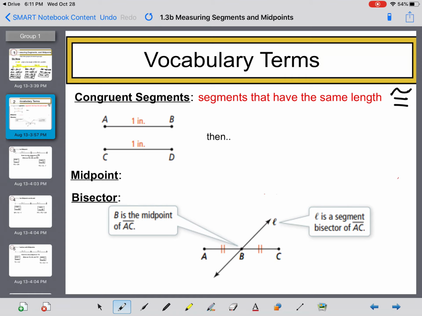Okay. So in the picture below, congruent segments, you have AB, and its length is 1 inch, and you have CD, and its length is 1 inch. So since both segments have the same length, we can say segment AB is congruent to segment CD.